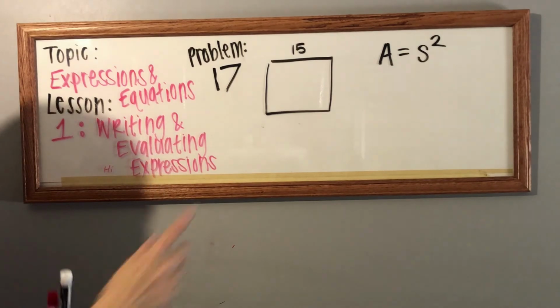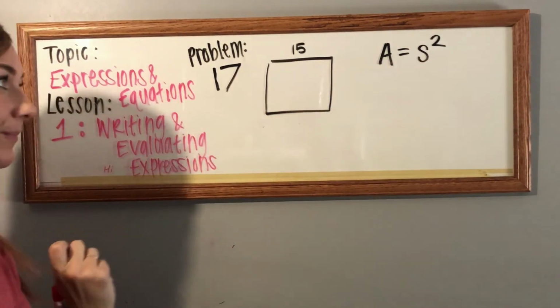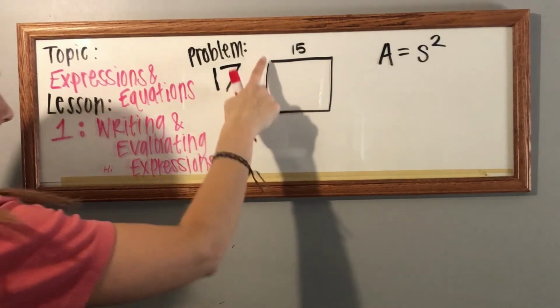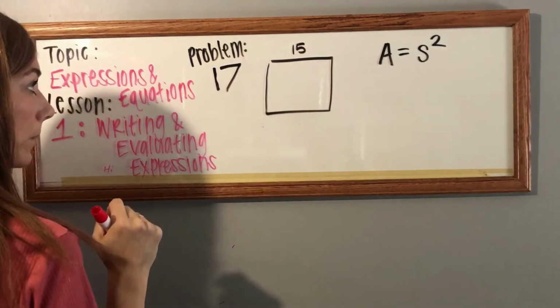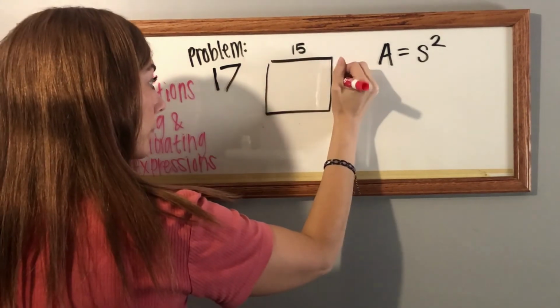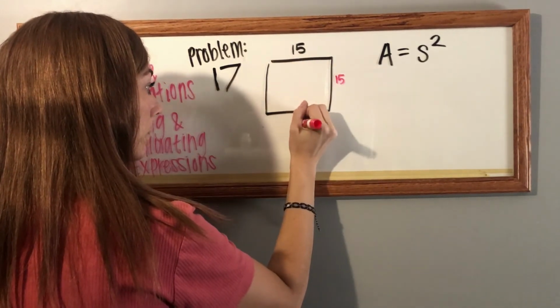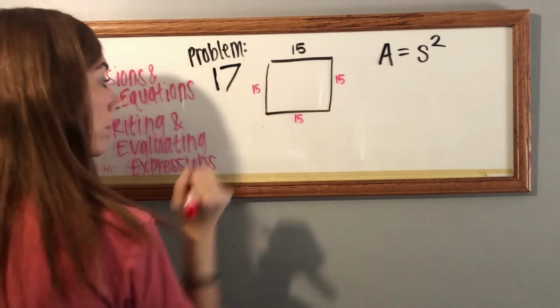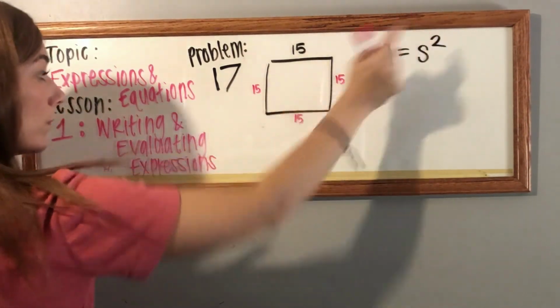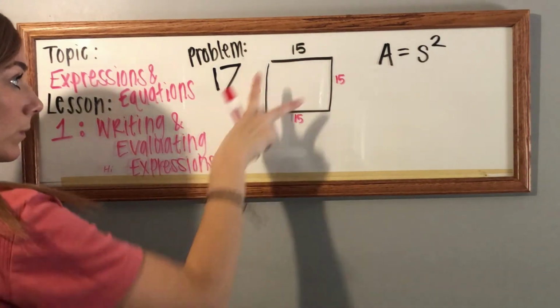So remember, the S is standing for sides. I think it's very important to draw, just for you to see. We have this square. We know that each wall is 15 feet wide. And we're using the formula A equals S squared, and S is sides.